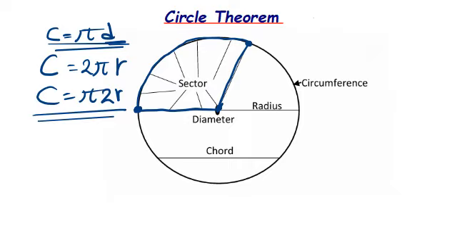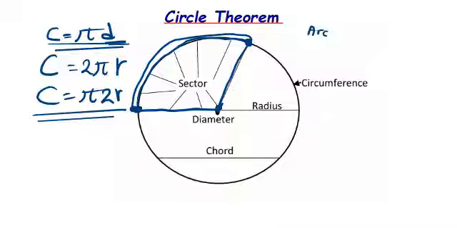And then you have to understand that there's also what we call the arc length. So the arc length is the distance from this part all the way going to that part. So the arc length is just the length of the portion of the circumference in a sector.